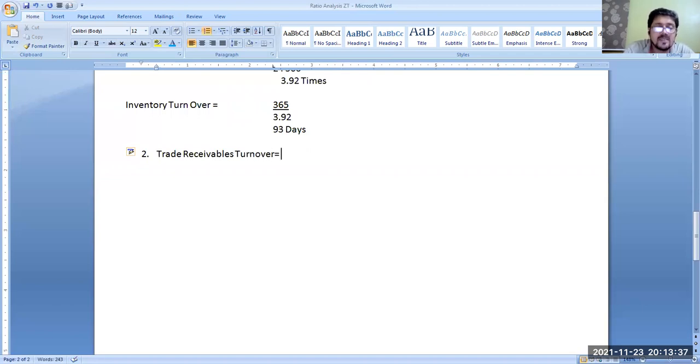So the formula is trade receivable at the end of the year, multiplied by 365, divided by net credit sales.